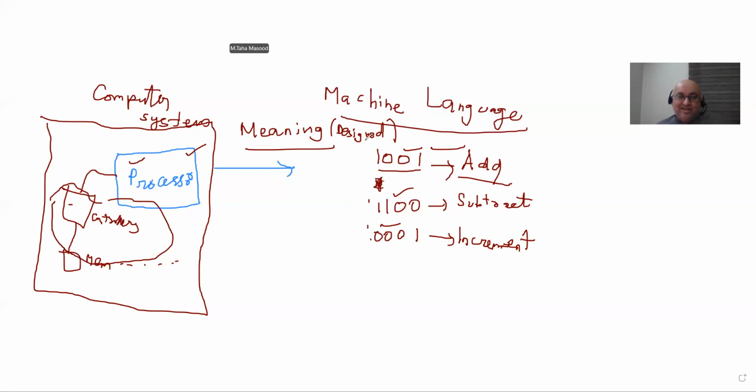So this is what a machine language looks like. And as you can tell, it's very cumbersome for a human to program a processor using a bunch of ones and zeros. And there has to be a better way.